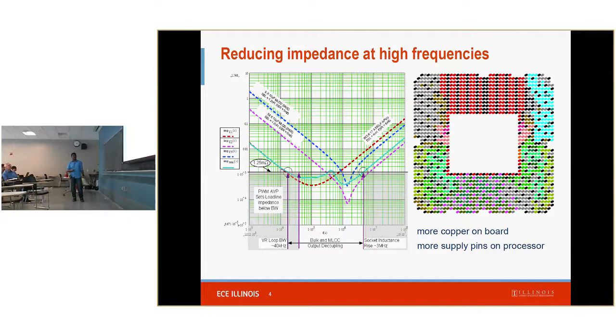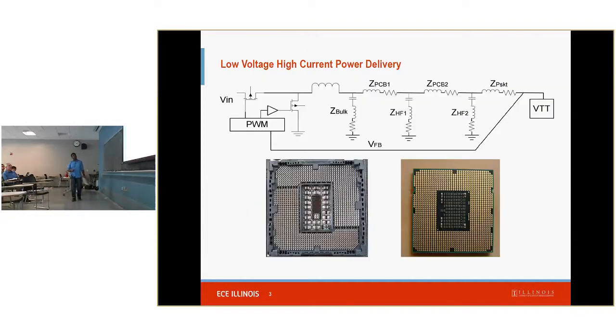The effective impedance is shown by the cyan line. And this low part of the impedance is actually significantly higher than what my capacitors provide. That's because of these socket impedances and PCB impedances.